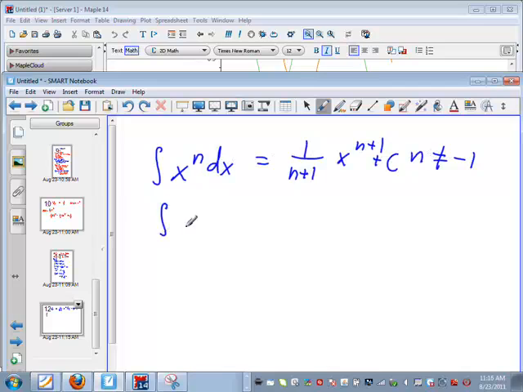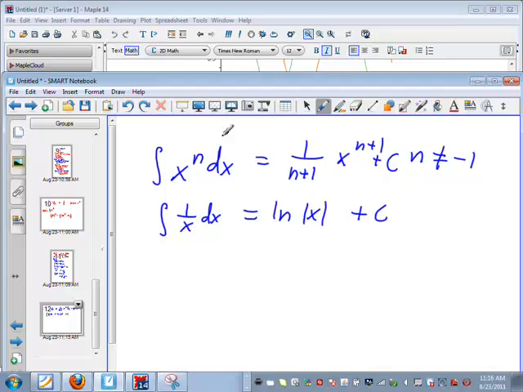The antiderivative of 1 over x dx is the natural log of x plus a constant. And I've got to be technical here. It's the natural log of the absolute value of x.